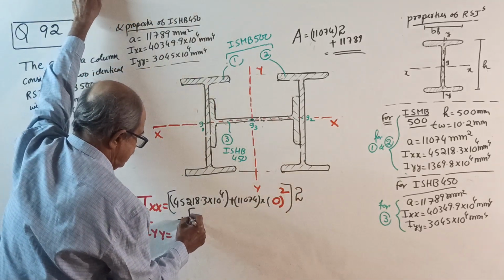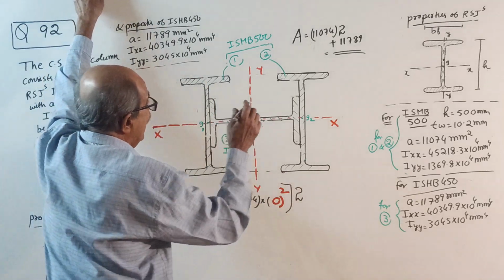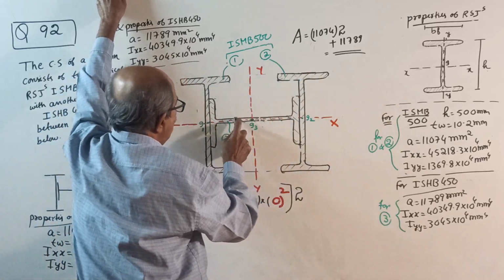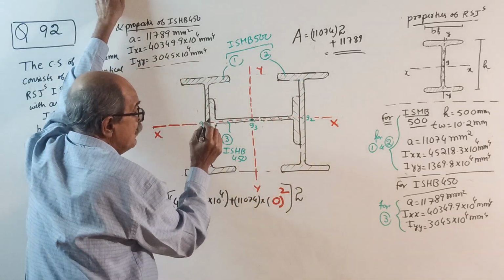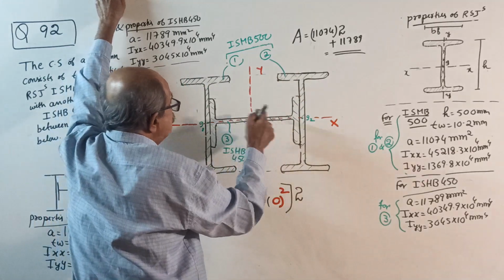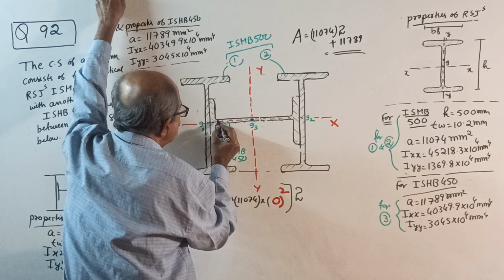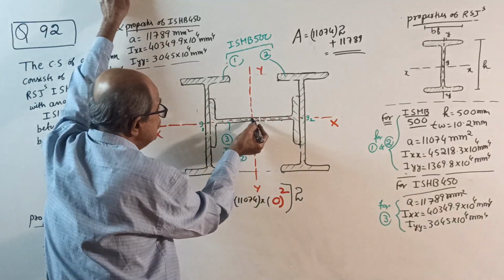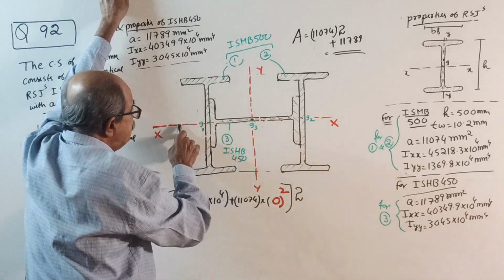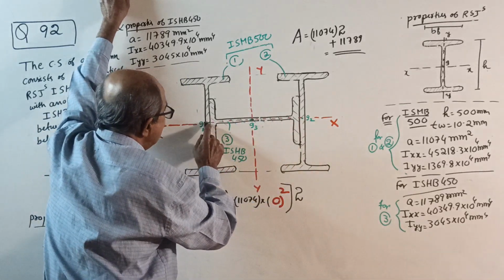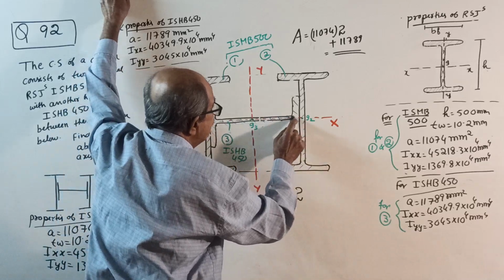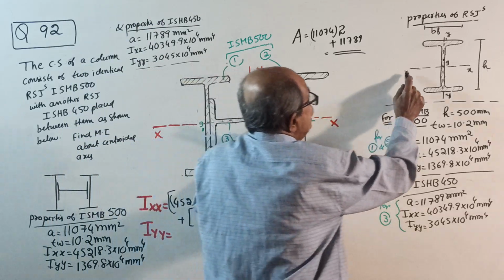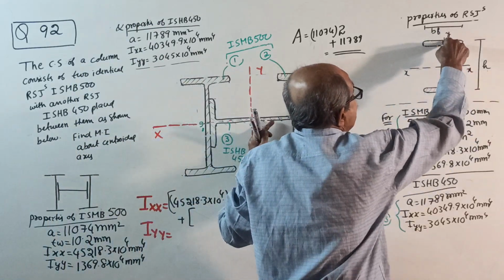Plus, be careful now. Whatever you got for 1 is the same for 2. Now for 3, I about its own centroidal axis, I about an axis passing through the centroid parallel to the x-axis, is this axis. But this axis is not this axis. It is this axis here.